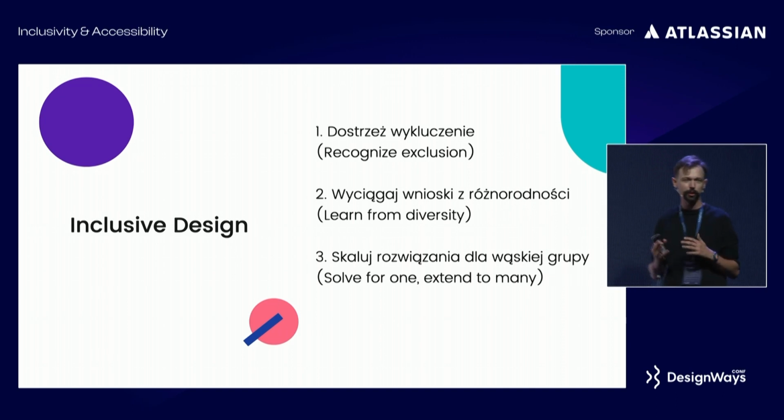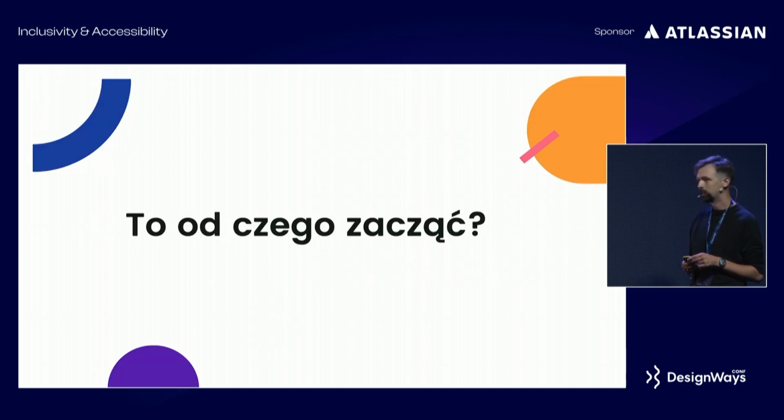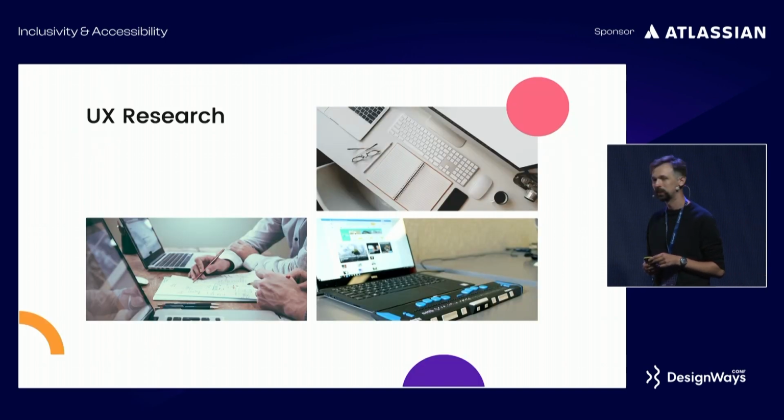Then we think we are designing something for a very narrow group, like a transcript for people with hearing impairments, but most of the time you can solve for one and extend to many. It's all scalable. So where do we start? More practical.